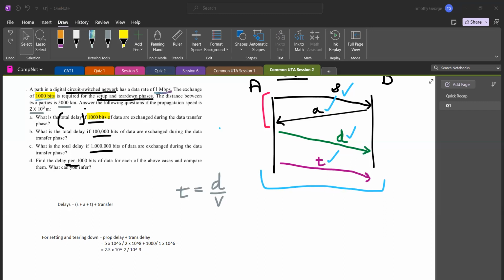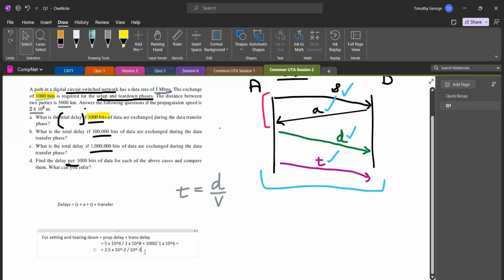When you simplify, you should get 2.5 x 10 to the power, minus 2 becomes plus 3, so 2.5 x 10 to the power 1, which is equal to 25. 25 what? We're doing everything in seconds and meters per second. Propagation speed should be 2 x 10 to the power 8 meters per second, not just meters.